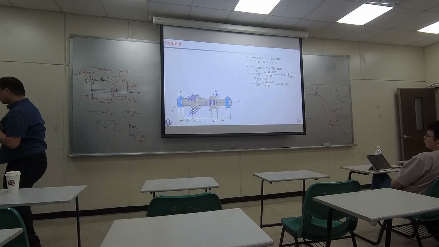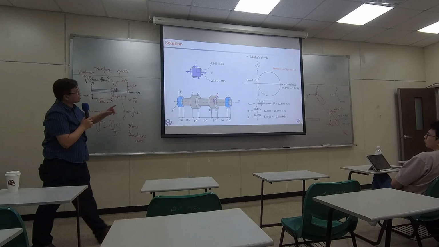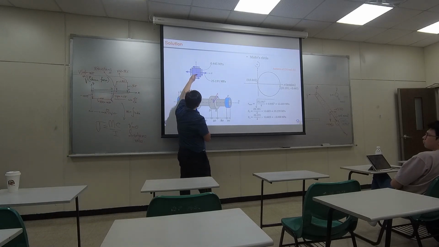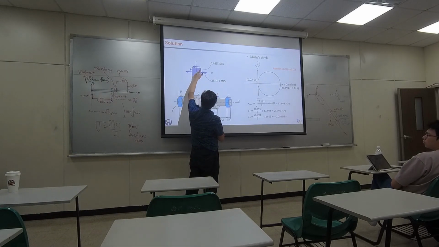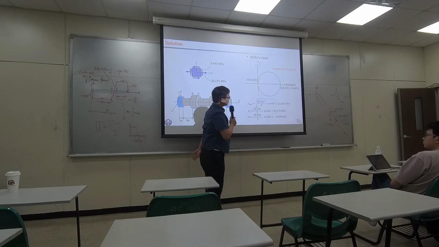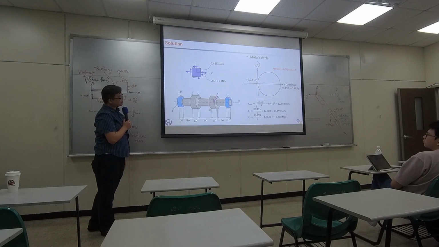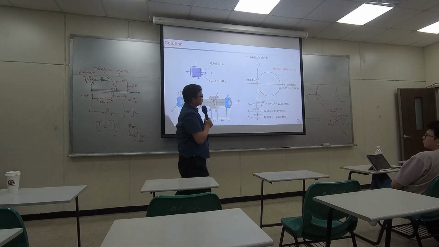Then you can draw the stress diagram like this. You have normal stress, and then you have shear. The amount was computed. And for the Mohr circle, I will cover tomorrow.